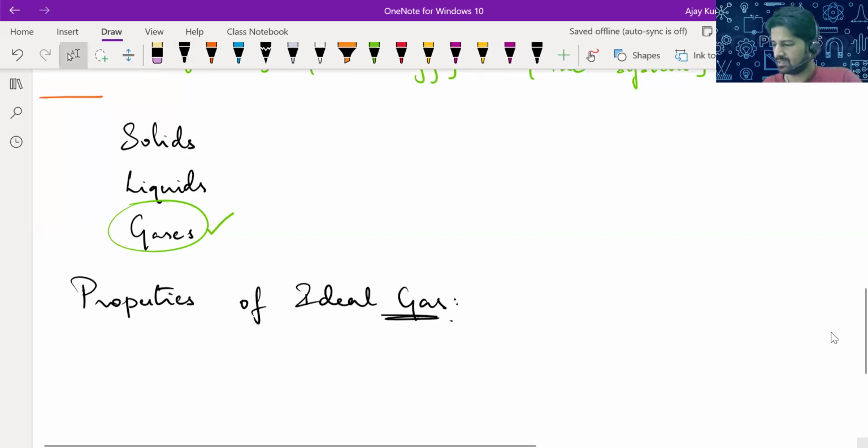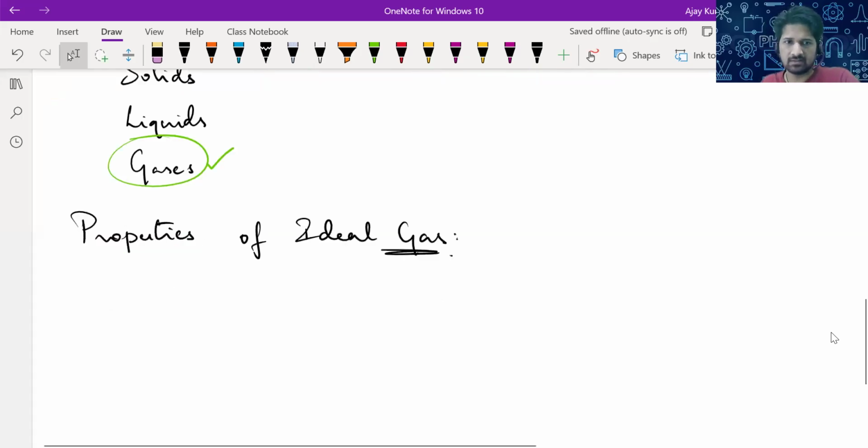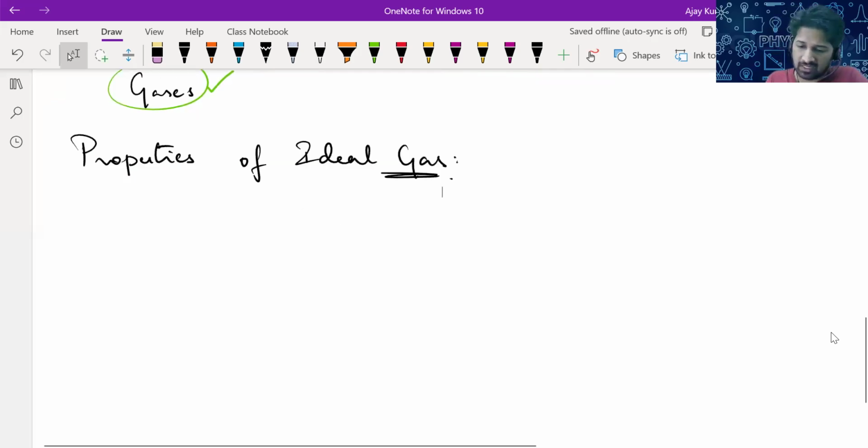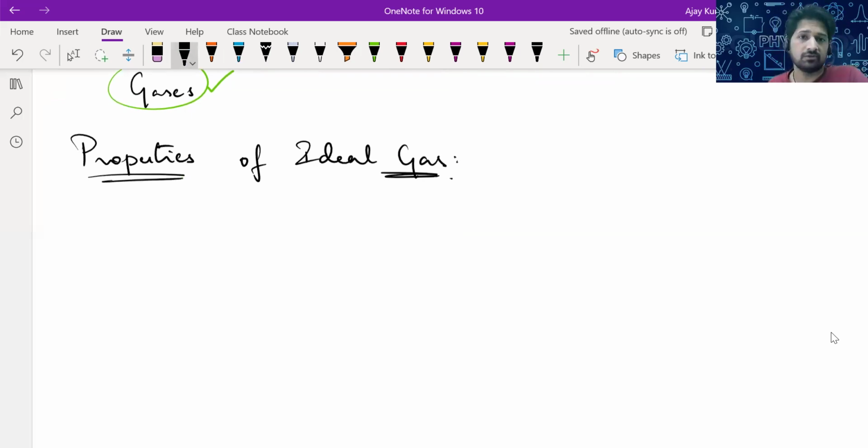Now, why do gases tend to expand more than solids and liquids? Because the intermolecular force of attraction between the molecules is least. Now, when it comes to an ideal gas, what we assume is that there is absolutely no intermolecular force of attraction between the molecules. So that's the basic or first assumption in an ideal gas.